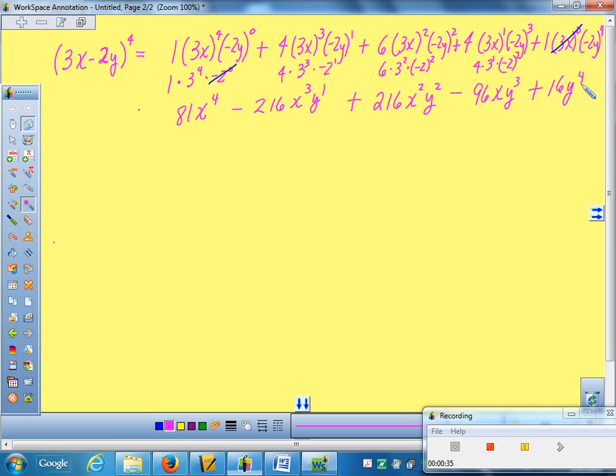Okay. Do you think you can do an expansion on your own? Could you redo one of those? Or do I need to do another one? So we're going to do some more of the same, except I'm going to show you how to shortcut. A full expansion is the best way to do a full expansion.